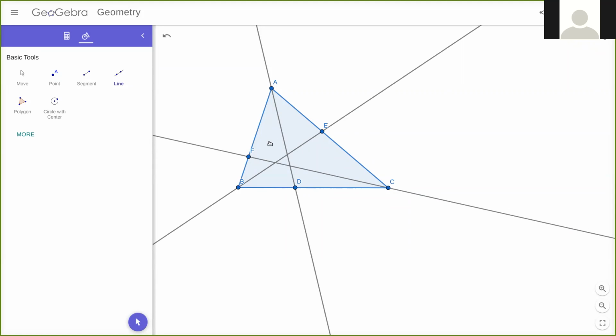So these Chevians, if we draw all of them, they divide this triangle up into different regions, right? 1, 2, 3, 4, 5, 6, 7.